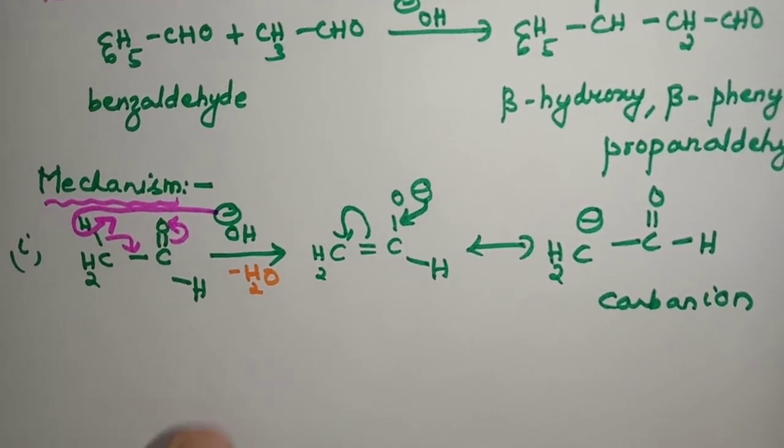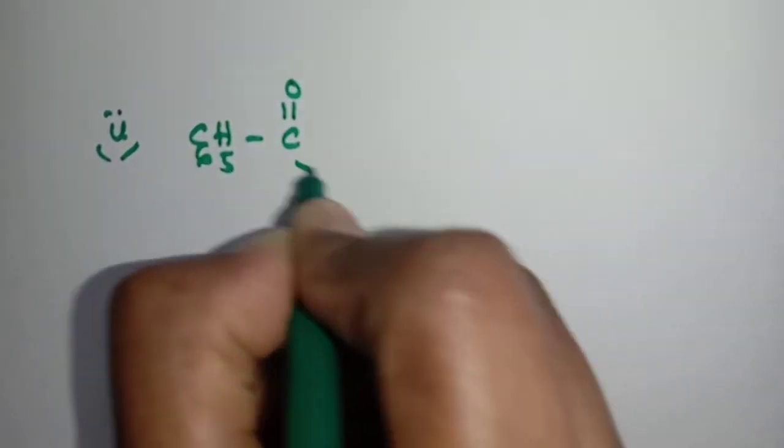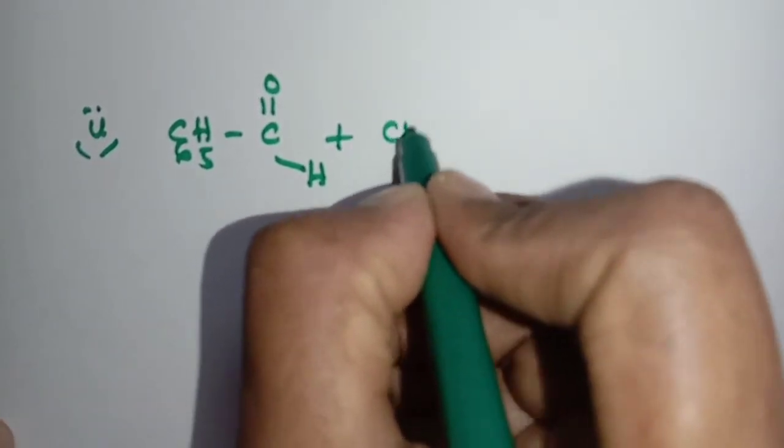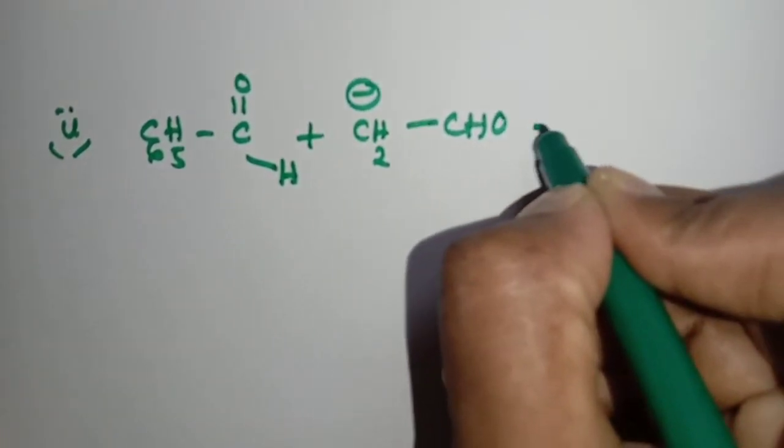Okay. So next step, write down, second step. Taking, what is the second molecule? Benzaldehyde. So we don't need an alpha hydrogen here. So C6H5, C double bond OH, plus the carbanion formed in the first step, CH2 minus CHO.